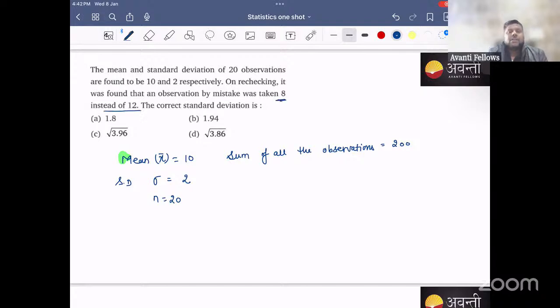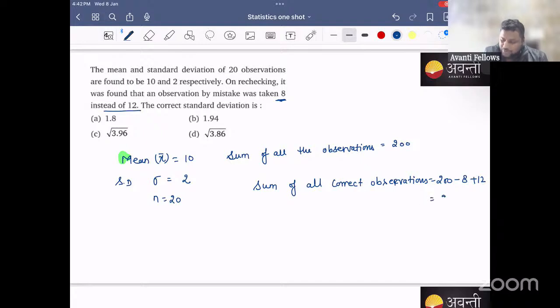On rechecking, it was found that an observation was by mistake taken as 8 instead of 12. The sum of all the observations is 200, so the sum of all correct observations: you took 8 instead of 12, so I subtracted 8 and added 12.